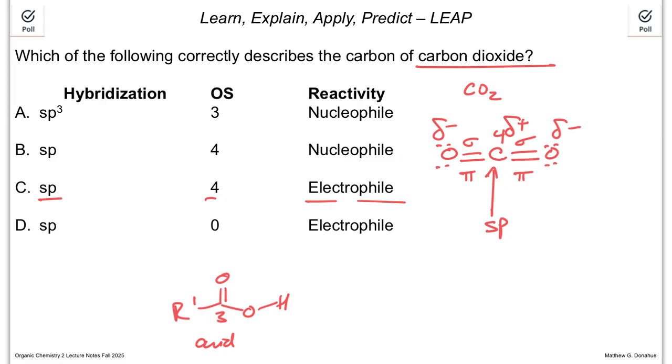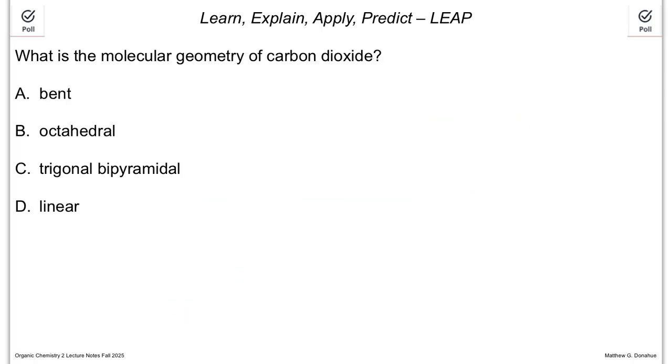That then changes the hybridization, reduces the carbon oxidation state, and allows us to make carboxylic acids. Because it has that sp hybridization, the molecular geometry of CO2 is linear.